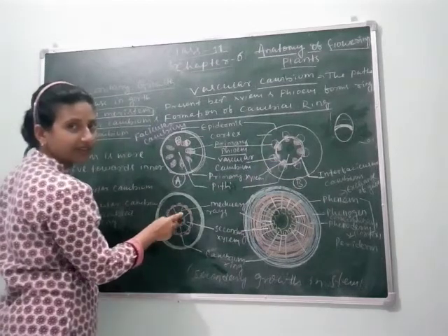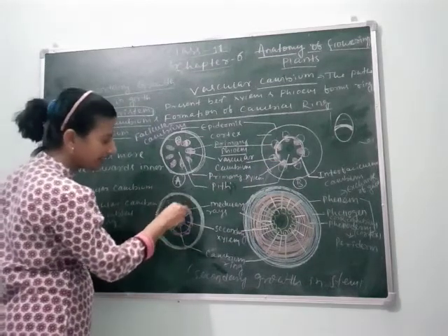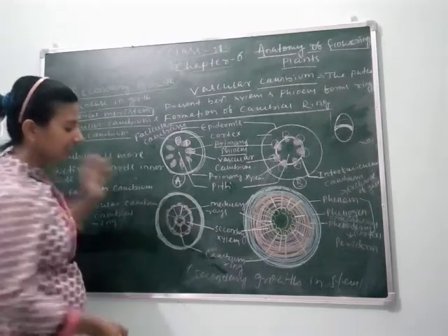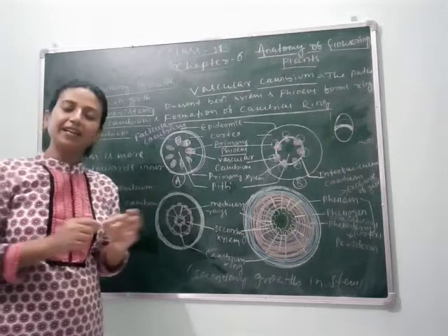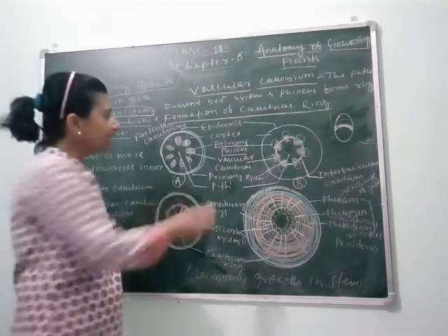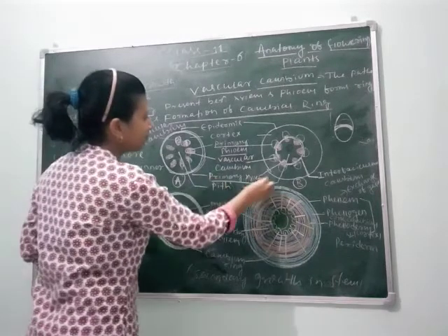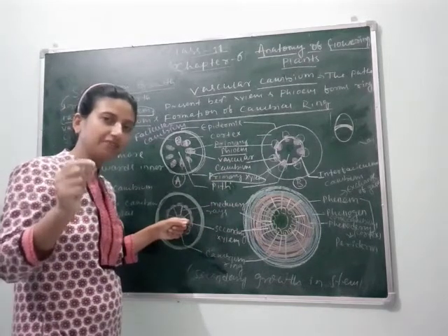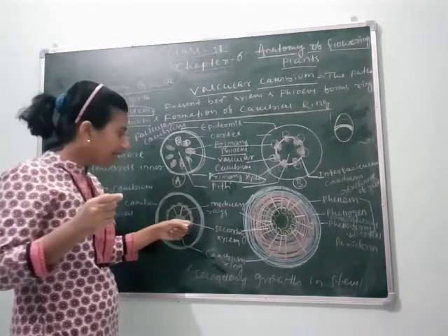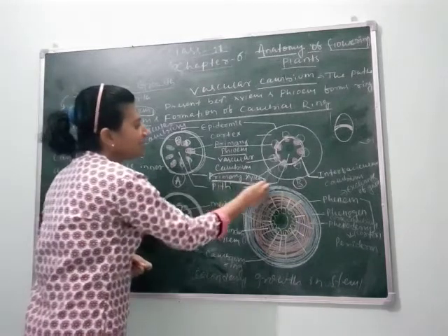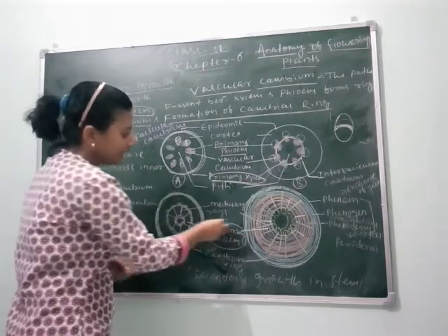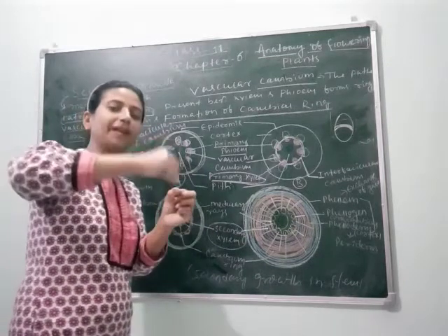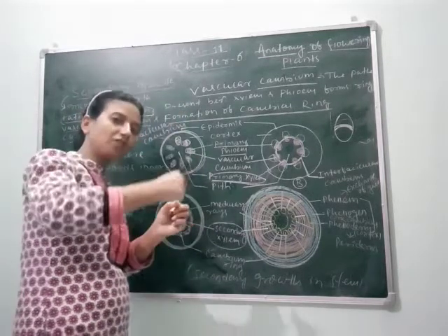Medullary rays, we have seen in our last class, are formed from the secondary xylem. Here the phloem and xylem get separated from each other. This was primary xylem, and after the meristematic activity, due to cell division, the primary xylem gets converted into secondary xylem, due to which the phloem goes apart from the center and the xylem comes towards the center.